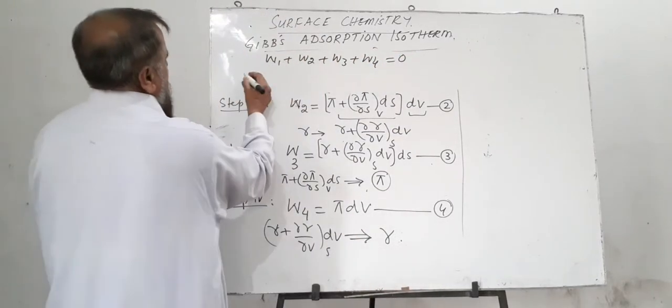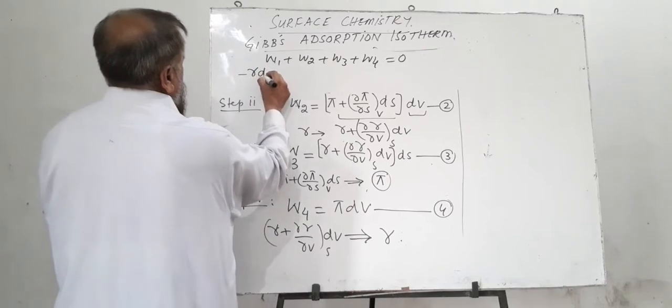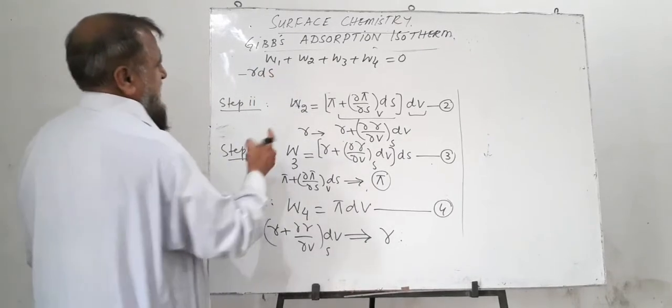Now the work done in step 1 was minus γ dS.